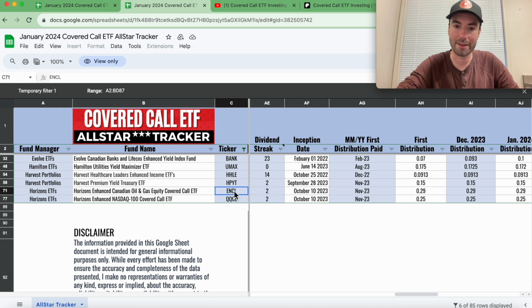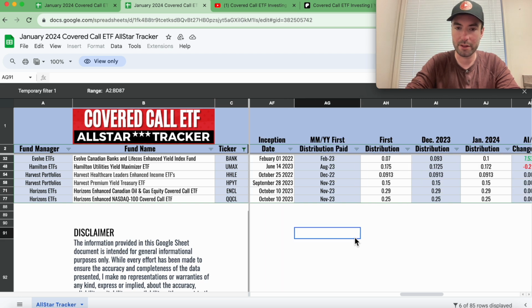Its underlying used to be a lot more variable, but ever since, I think, November, December 2022, it's been pretty rock solid. Same with, I believe, QQCC, the underlying version of QQCL, which has also been pretty stable over that period of time. I think ever since late 2022, Horizons went from variable distributions to more stable.